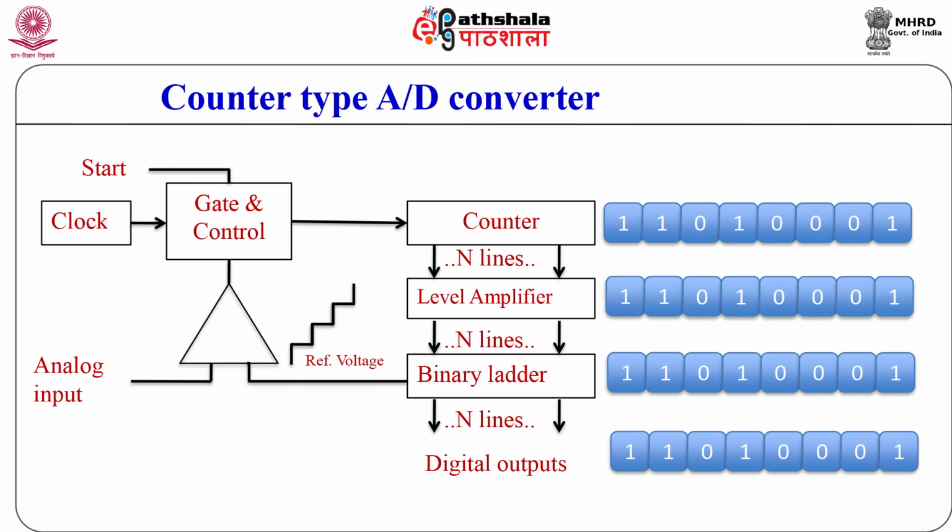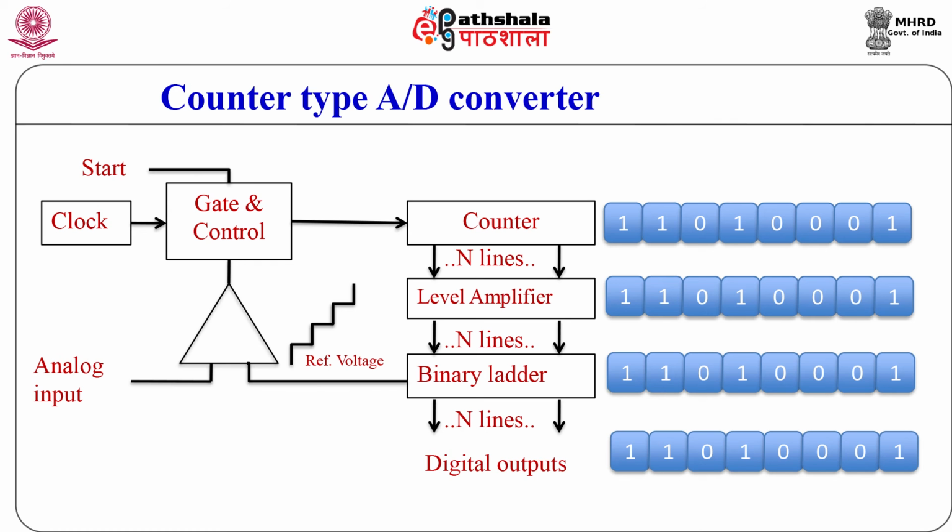If we require 8-bit ADC, we require 8-bit counter. The output of a counter is fed to the level amplifier, which adjusts the digital level to the proper value. Further, the output of a level amplifier is given to binary ladder, which will convert digital input into equivalent analog voltage, and this analog voltage serves as an input to the comparator.